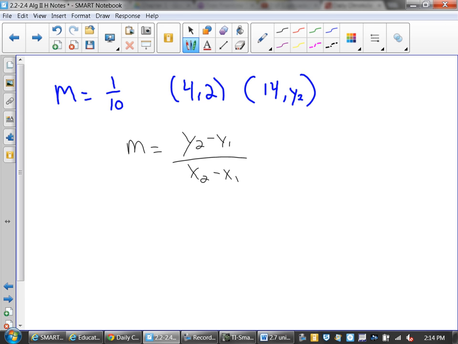There are 5 possible variables: slope, 2 different y values, and 2 different x values, and you happen to know 4 of them. So you just substitute in. Your slope is 1/10 equals y minus 2 over 14 minus 4.